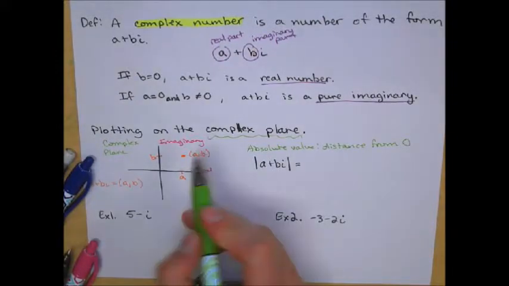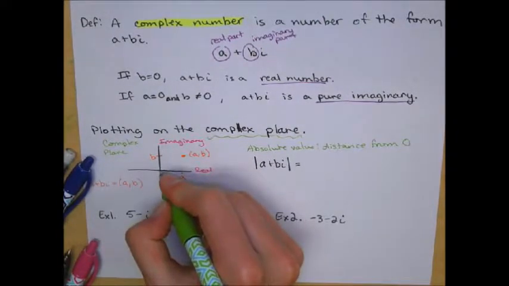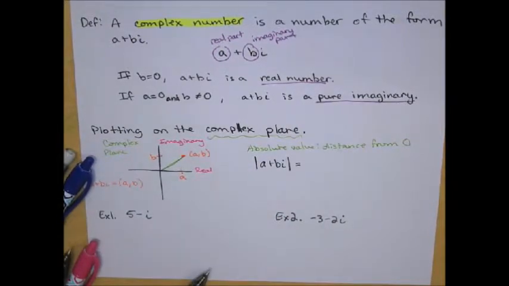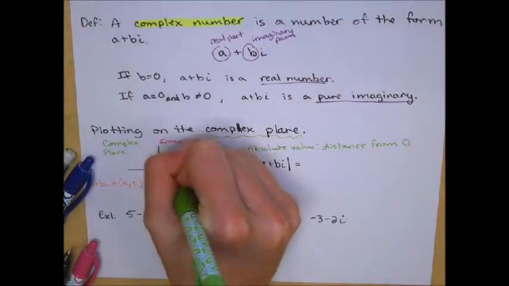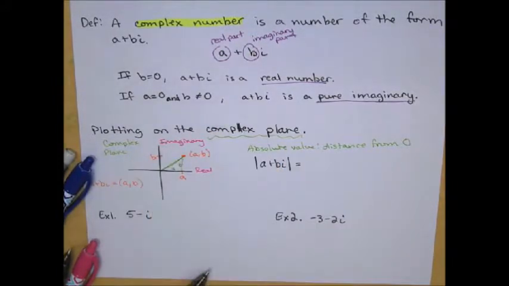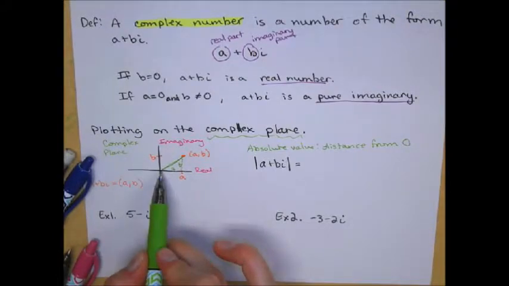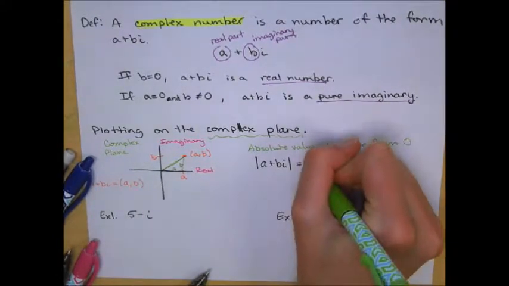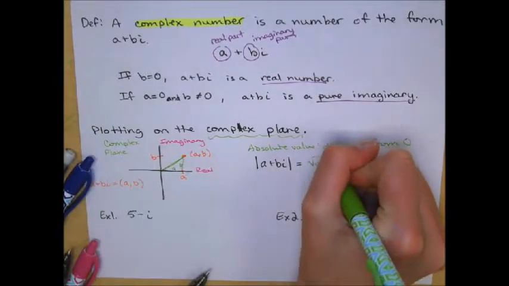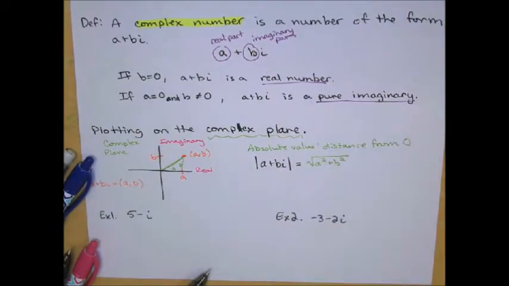So, looking at this number, how far away is it from zero? Well, we can picture a right triangle. We have an a distance and a b distance. So doing Pythagorean theorem, a squared plus b squared equals c squared. We end up taking the square root of a squared plus b squared.